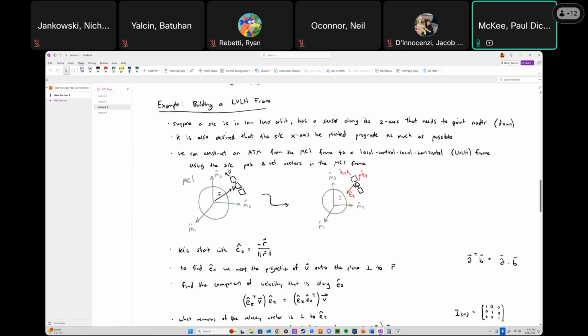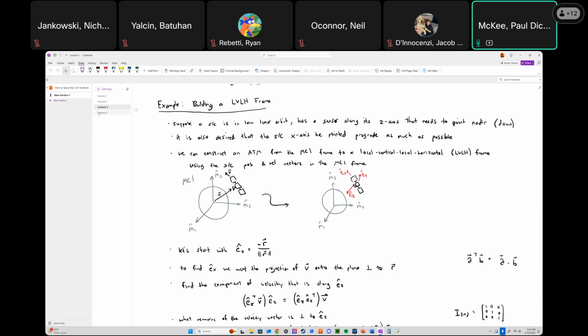One of your vectors is along the position vector, so either normalize or negative and then normalize. You'll get one of your vectors from a cross product of a global frame vector and one of the vectors you've already built. And then the third one just completes the right-handed system. So if anybody needs any help with that, you can chat with me later, but hopefully you can see how the same content can be used to build a topocentric frame.